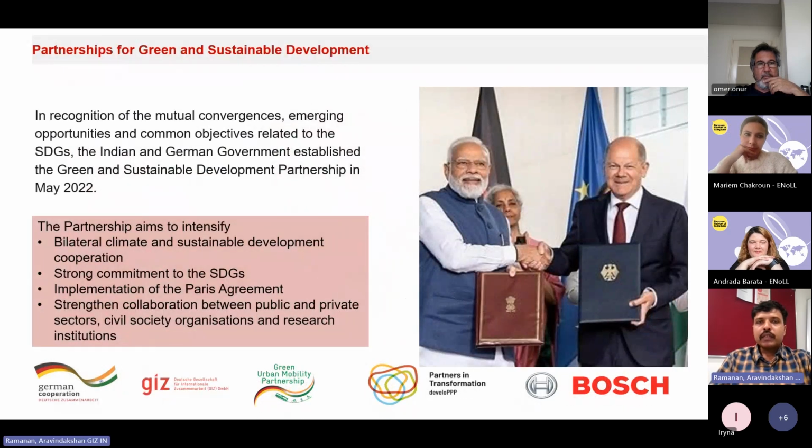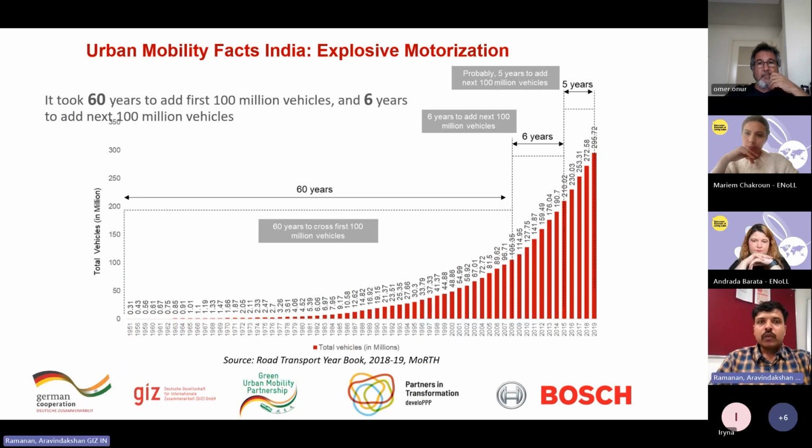The major areas we work in are governed under this Green and Sustainable Development Partnership, which was signed between the Prime Minister of our country and the Chancellor of Germany. And green mobility is one of the key pillars of this partnership. Now, the reason why we set up a living lab in urban mobility: primarily, there are a lot of mobility related challenges in India.